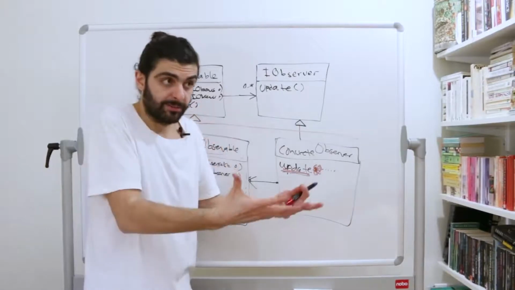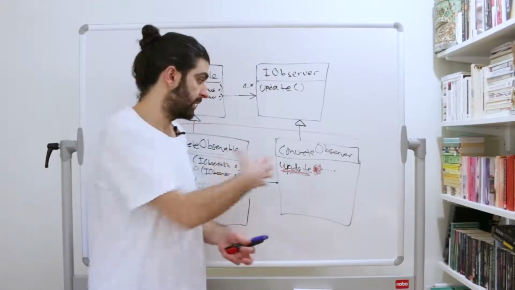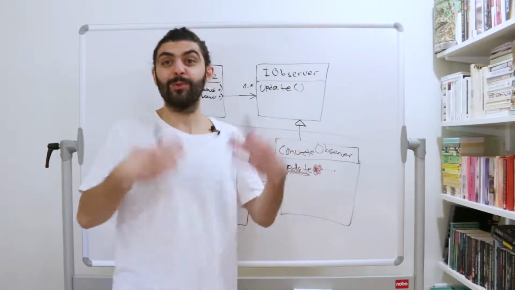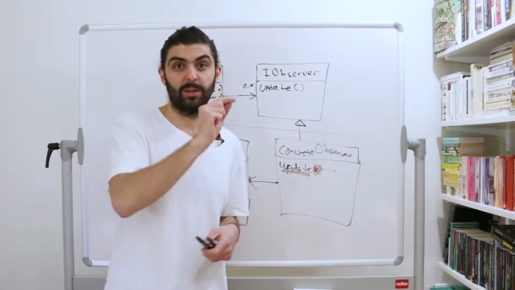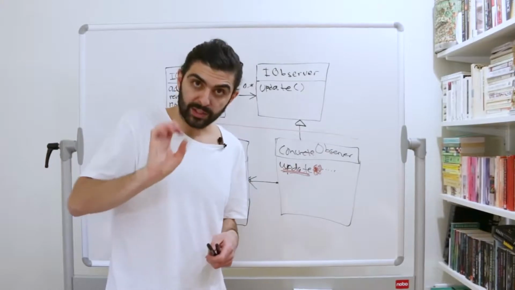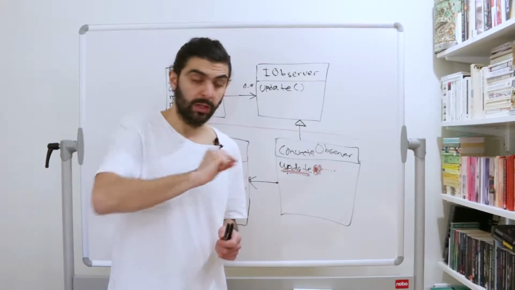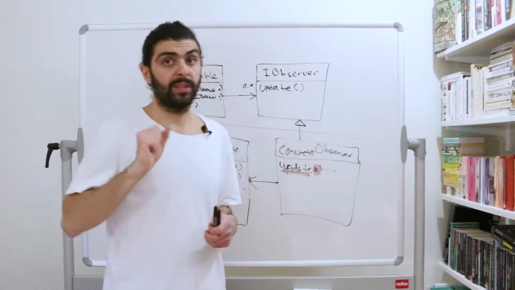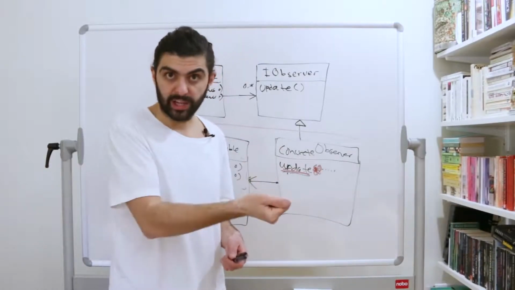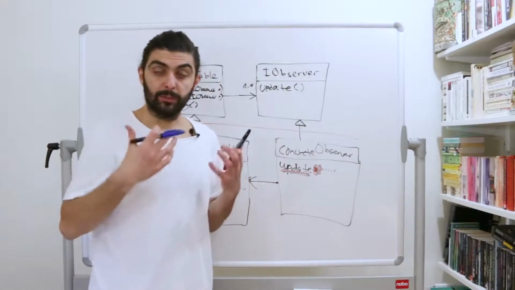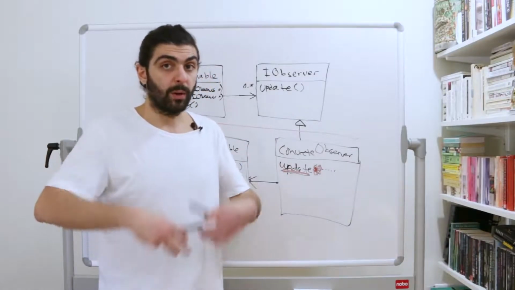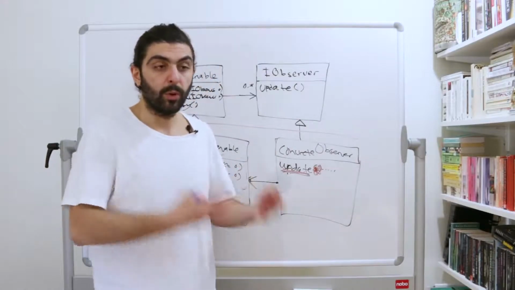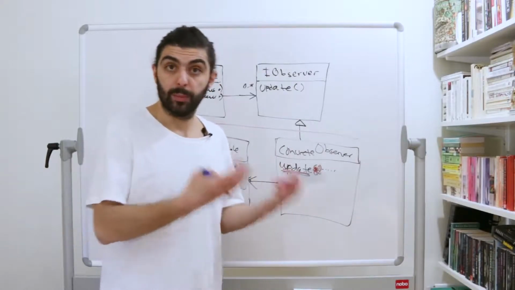So you push the fact that there has been a change, but then the observer has to pull data from the observable. But if we rewind all the way back to the beginning, where we started with the discussion about push versus pull, notice how I'm saying pull data and not pull for changes. What we're saying here is that data has to be pulled, but it's still better than having to poll for changes. The implementation that we have here is kind of push-pull, but when we talk about a pull implementation, we talk about polling for changes, a pull-pull or a pull-push.